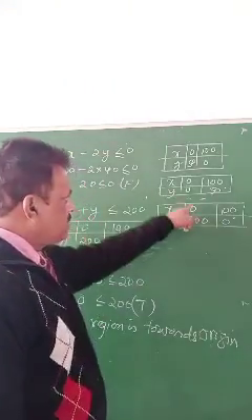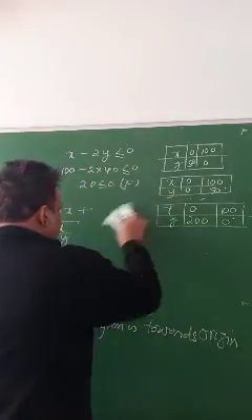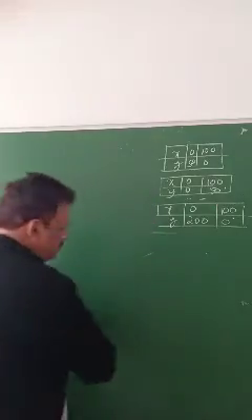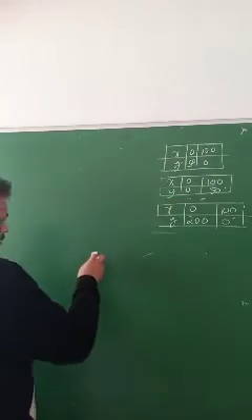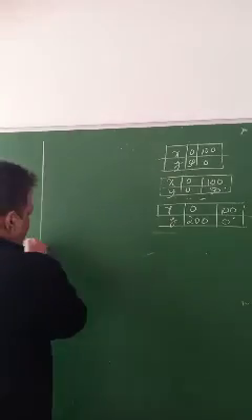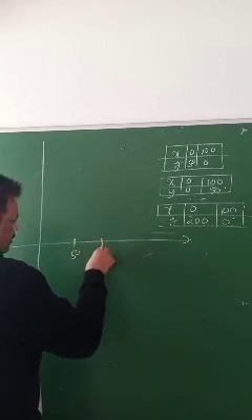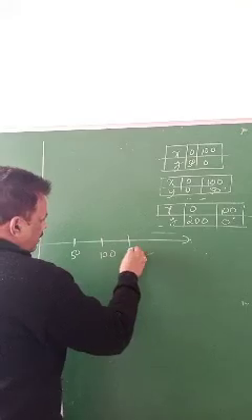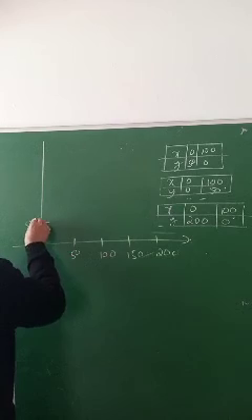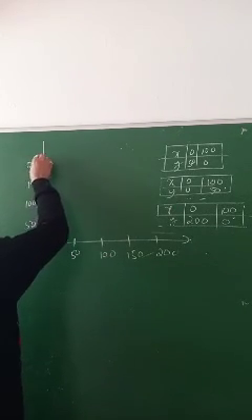Okay. These three tables will be plotted on the graph paper. Actually, you should have graph paper for this, that will be accurate for you. So, let's see here. This is suppose 50, 100, 150, 200. This is 50, 100, 150, 200.